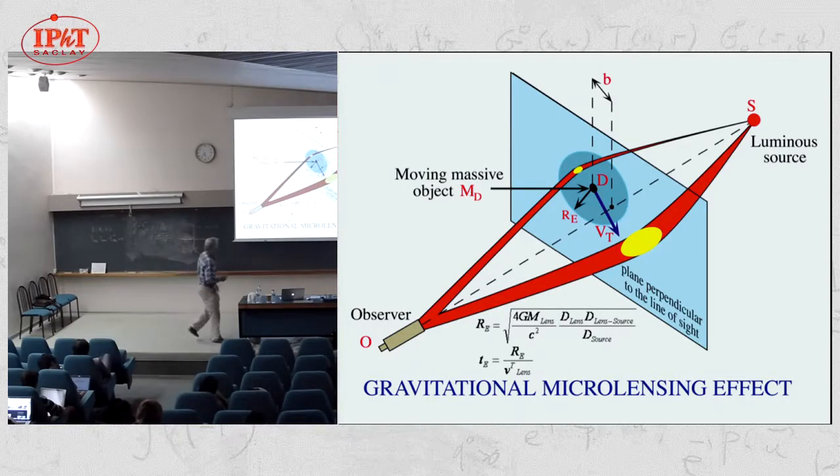The main parameters here are the Einstein radius, which is given by this formula, and the transverse speed, such that the magnification of the background object varies with time.